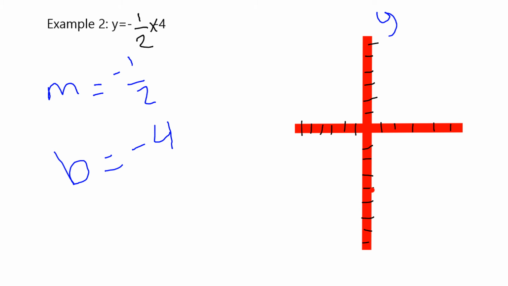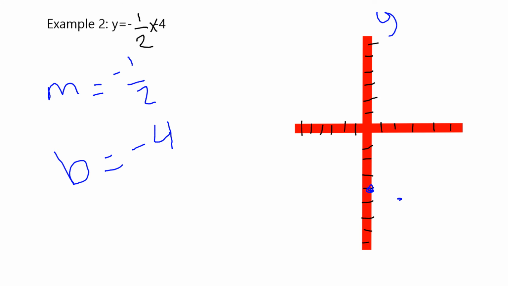So I'm going to have a point right here. And from there we're going to move. Since it's negative, we're going to move down 1 to the right 2. I always suggest when it's negative to move down and then move to the right, because then you know for sure that it's going to be a downhill negative slope.